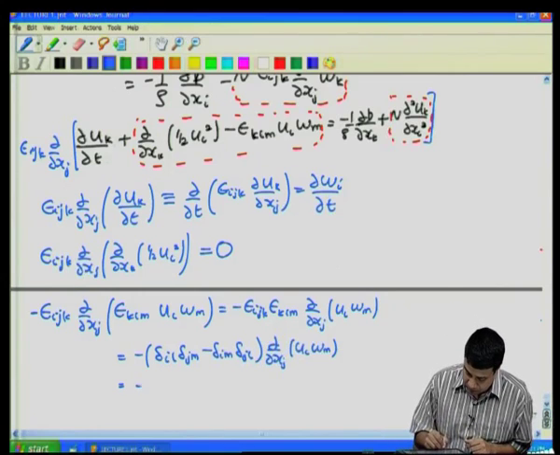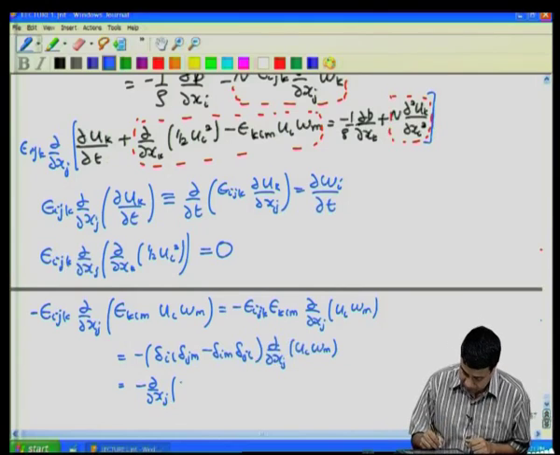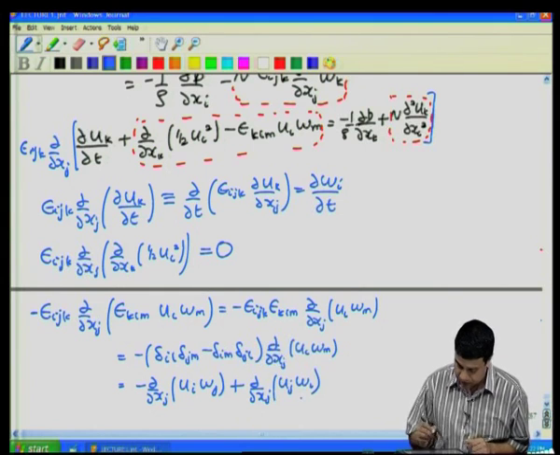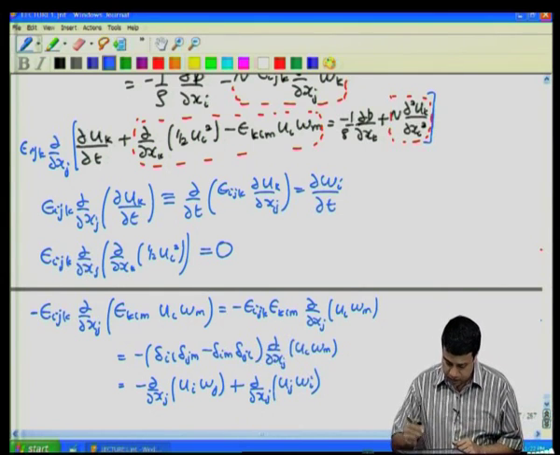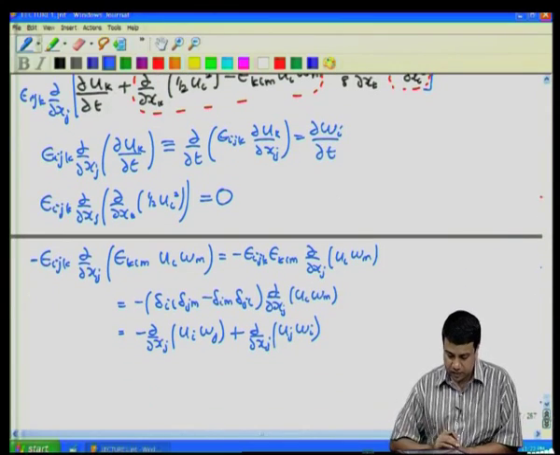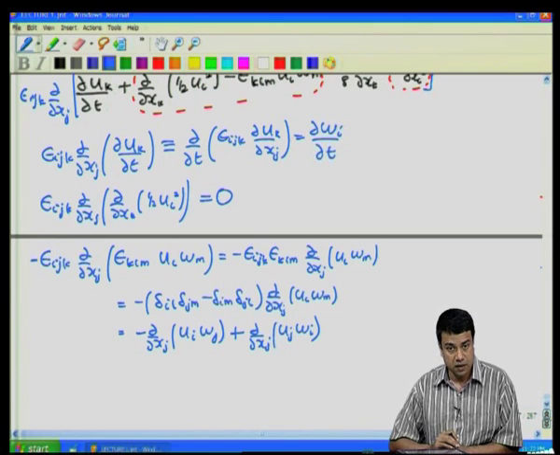So, this becomes equal to minus partial by partial x j of u i omega j plus partial by partial x j of u j omega i. I am just expanding out this term here. Minus partial by partial x j of u i omega j. And now, I can use the chain rule for differentiation.